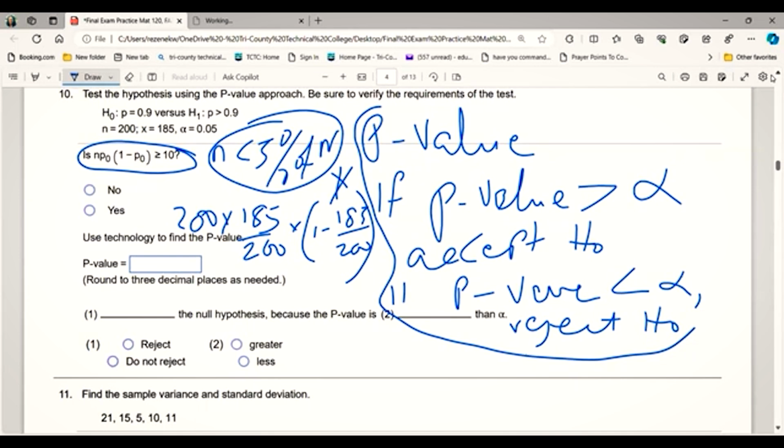But what kind of test am I doing, by the way? We already were told that it's a right tail test, and I can draw a normal curve and show the rejection region. I'm not even given alpha, yeah, okay, see alpha.